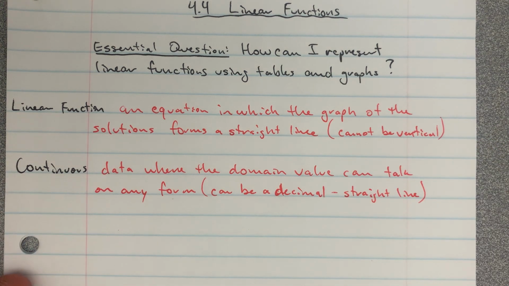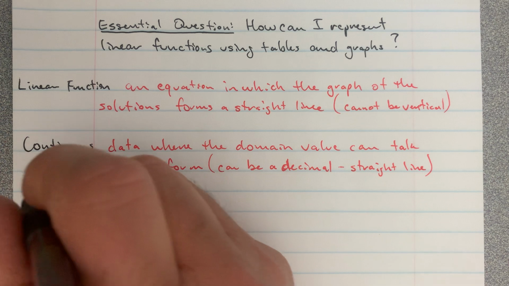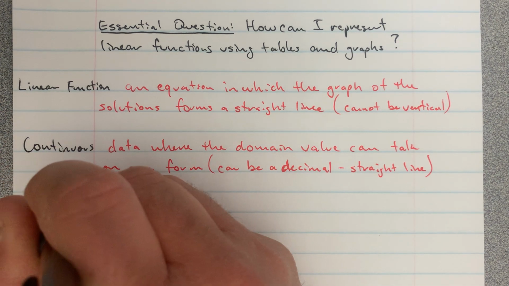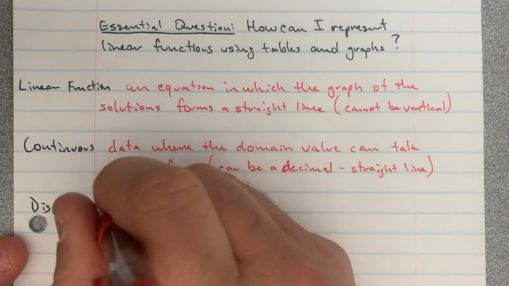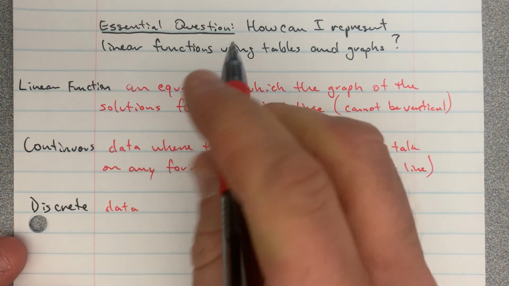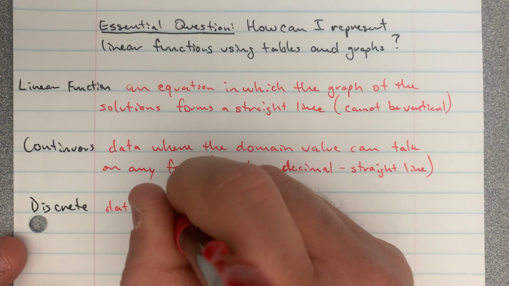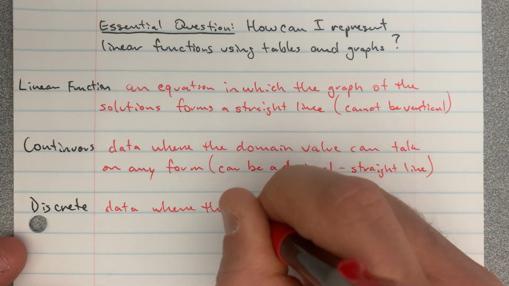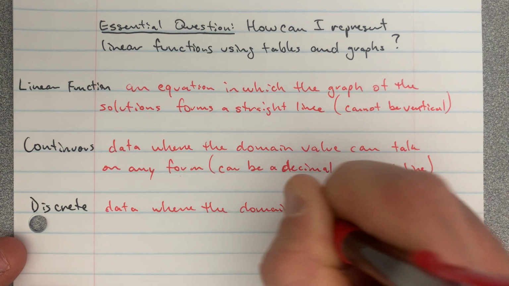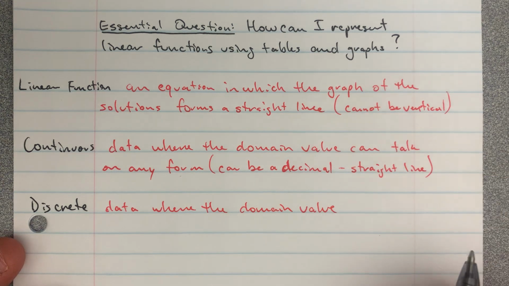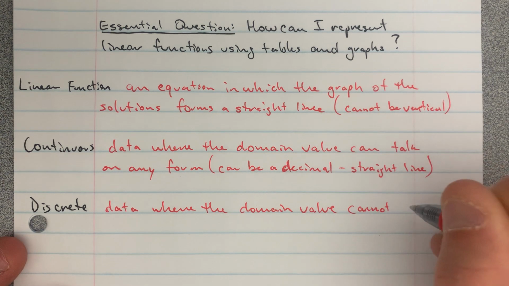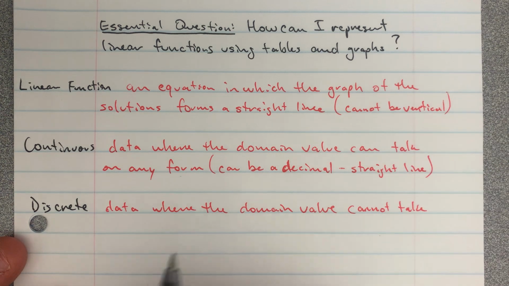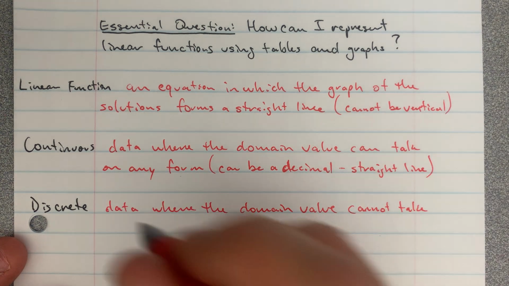All right? The other part that's a little bit different is the idea of discrete. This is data where the domain value cannot take on any form.